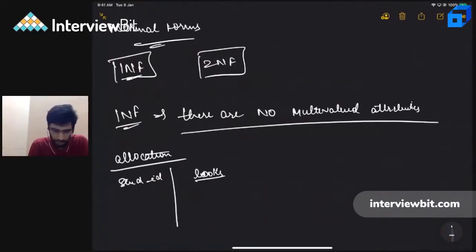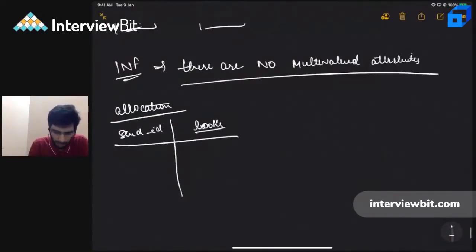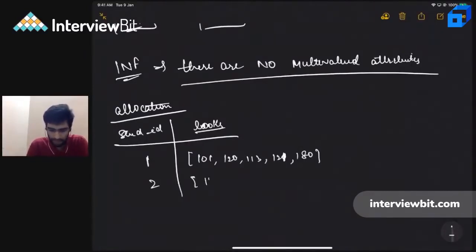Suppose there is a student whose ID is 1 and he had rented, let us say, 5 books. Those books had IDs 101, 120, 113, 121, and 180. There can be a student 2 who has rented 3 books, let us say 11, 113, and 21.